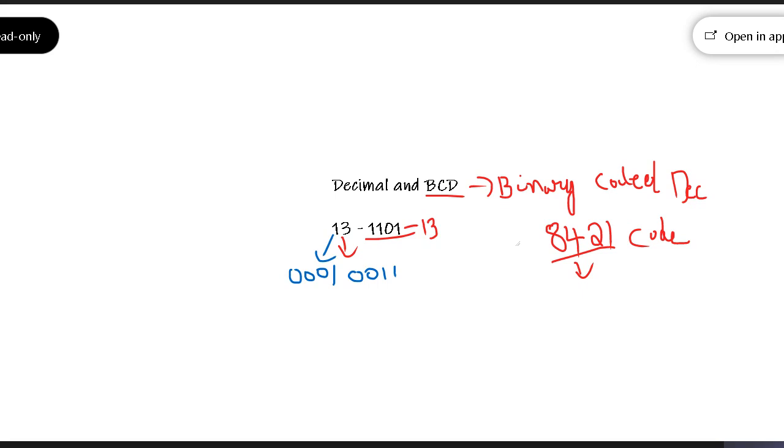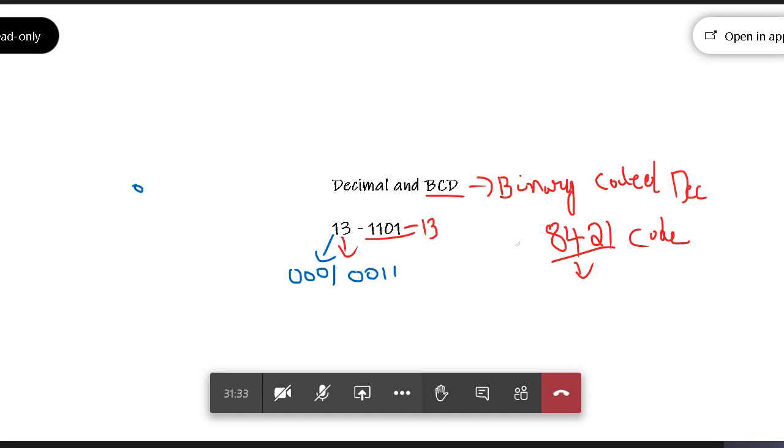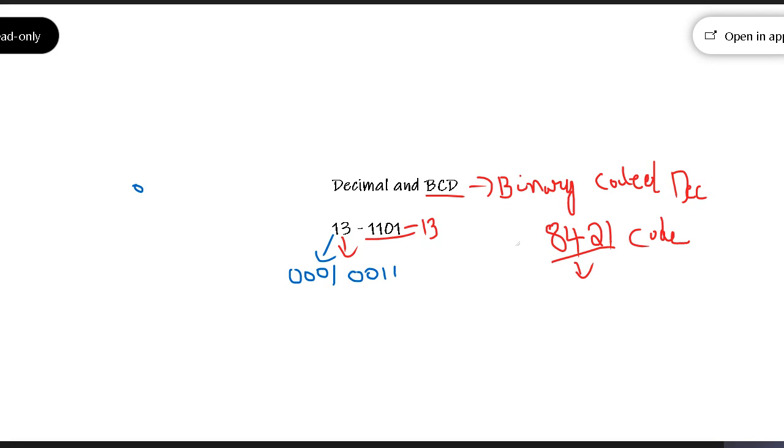Are you guys clear? Basically, you represent it this way for further calculation. So you have the numbers 0 to 9, and then 10 to 15. 0 you'll represent in BCD as 0000, and the last one, 9, is 1001.